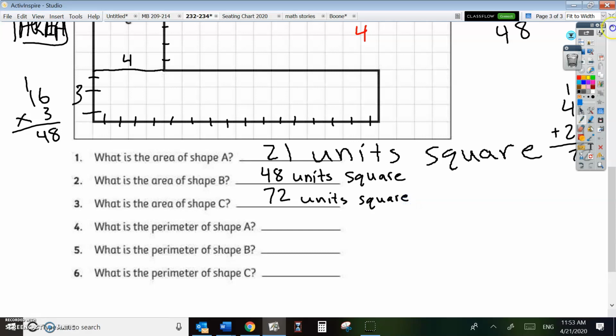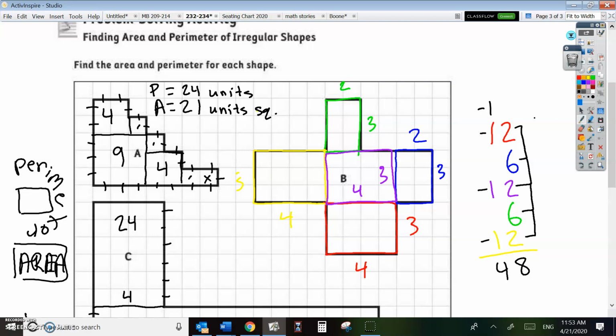The perimeter for shape A, that was done in the other video. The perimeter is 24 units.